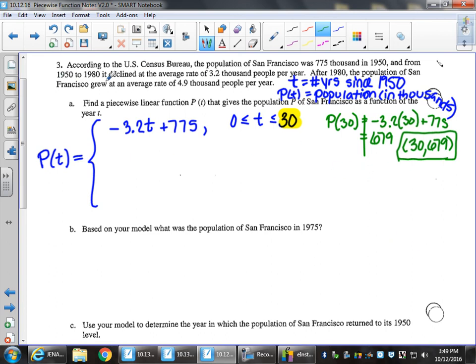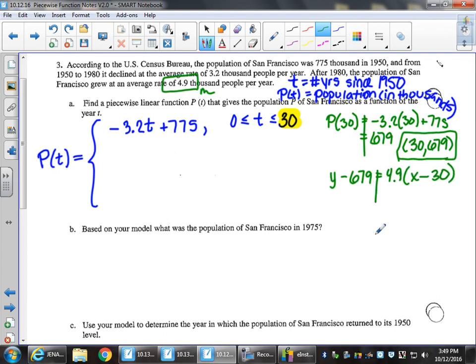So if we read, we already used that, after 1980. So we're set up to 1980. We've done this. After 1980, the population grew at an average rate of 4.9 thousand. There is our m. So we're going to use y minus 679 equals 4.9 times x minus 30 to find our next expression.